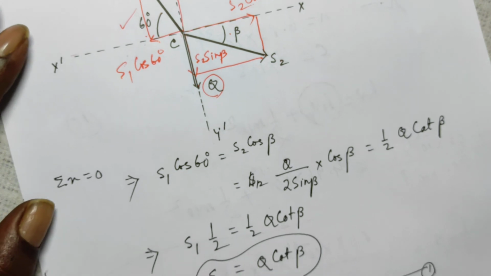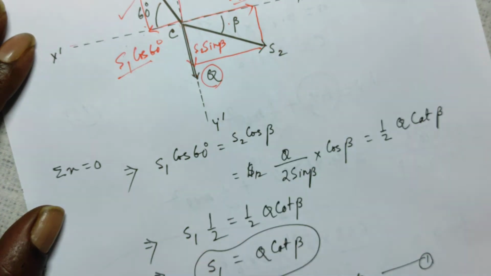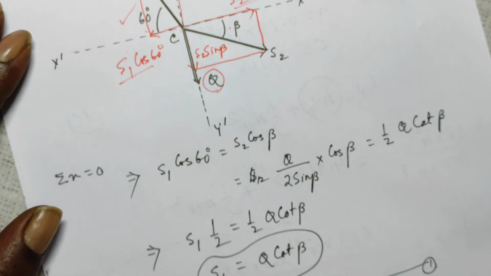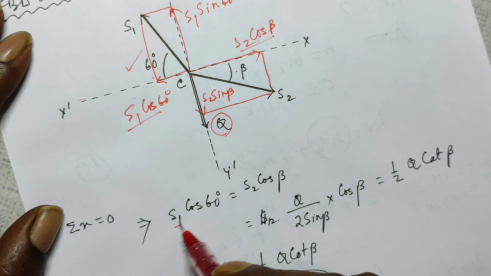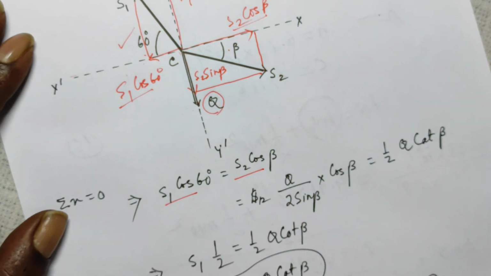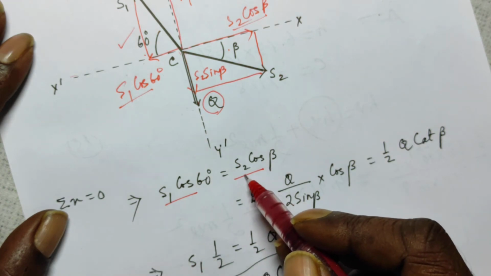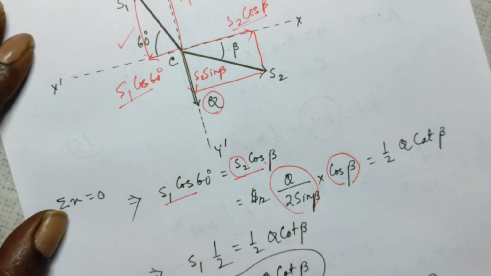Now sigma x is equal to 0. We have two forces, S1 cos 60 and S2 cos beta, opposite to each other along the x-axis at the point C. So if they are equal in magnitude, they will cancel. So S2 was this much. Here cos beta remains the same.